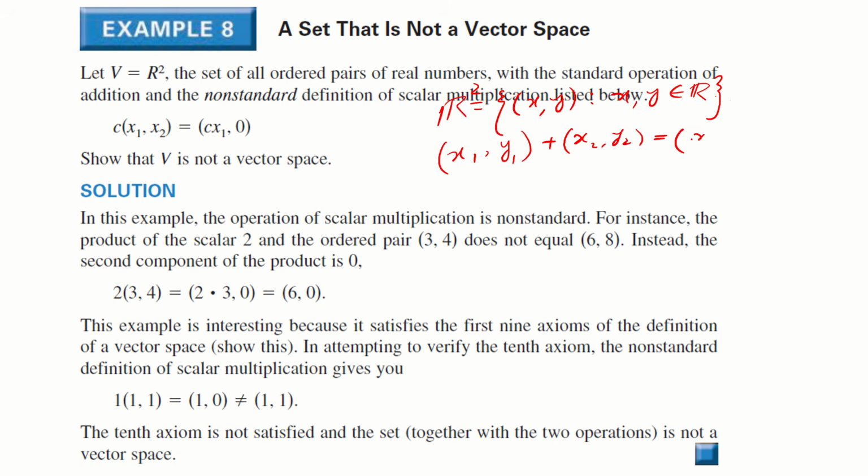In this case we take the same standard operation, (x1 plus x2, y1 plus y2). That's the first operation defined with respect to addition.